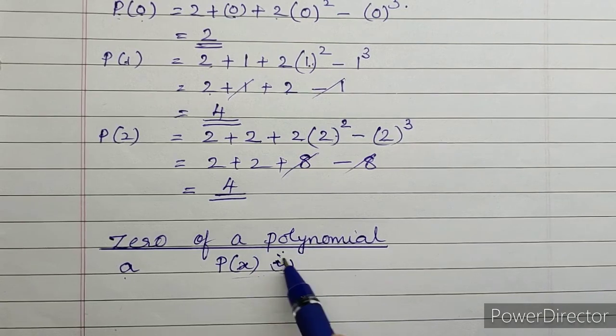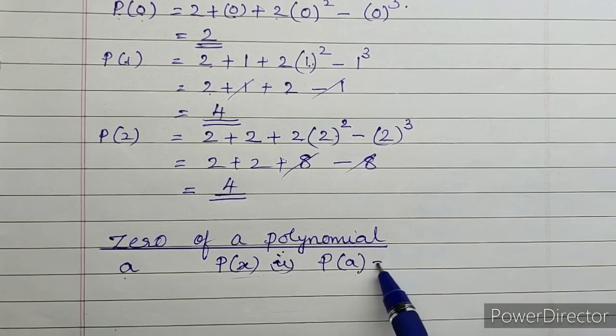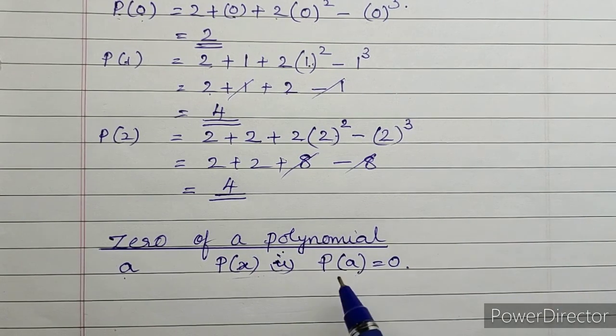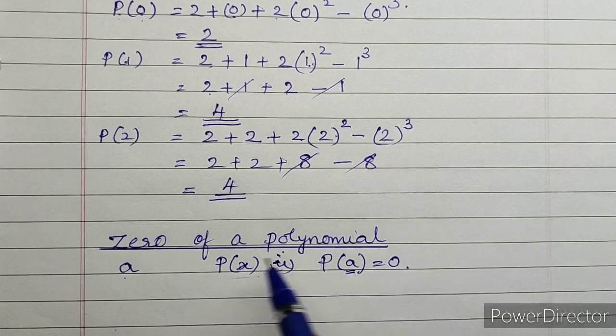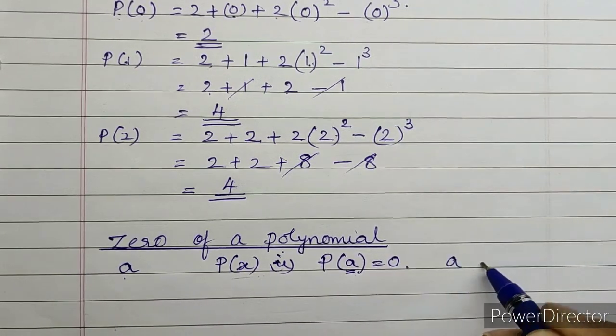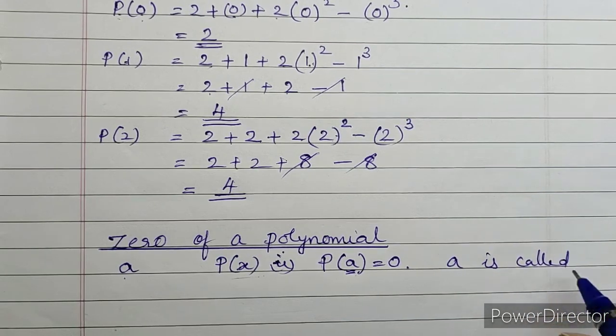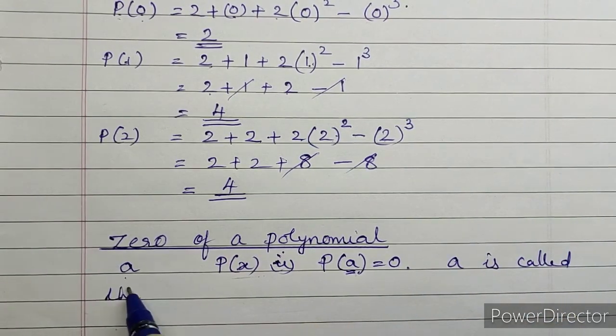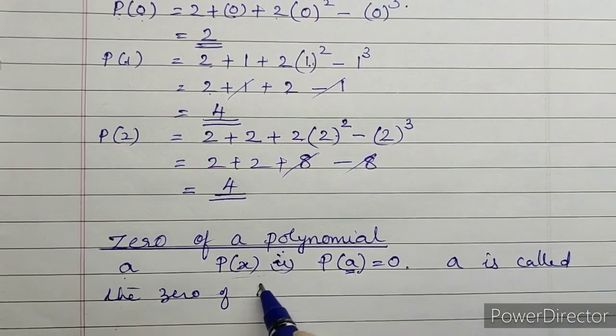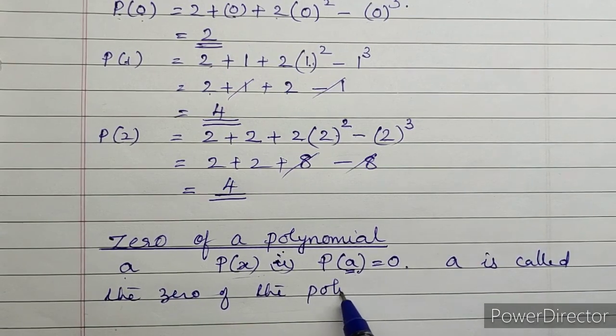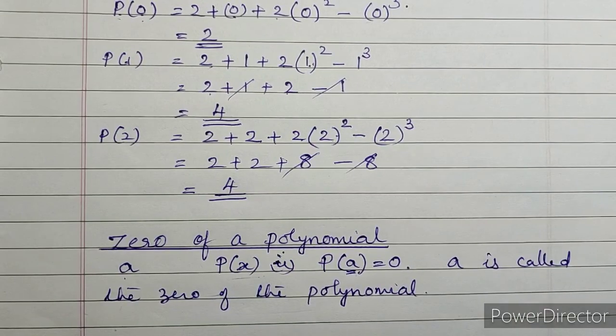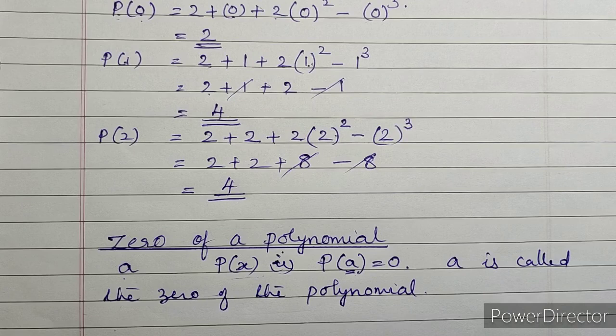That is, if p of a equals 0, then a is called the 0 of the polynomial. After assigning the number, if you are getting 0 as the answer, then the value which you have given is called the 0 of the polynomial.